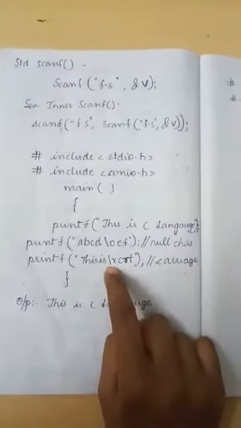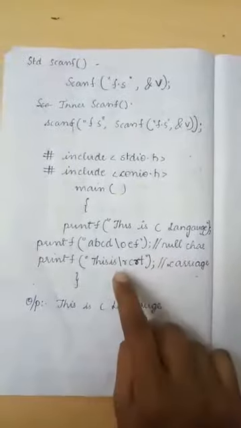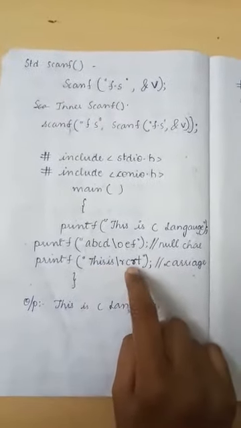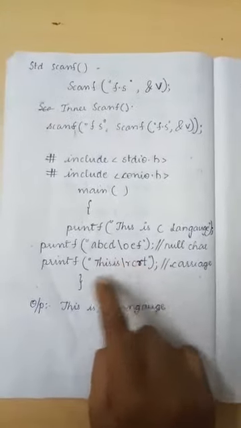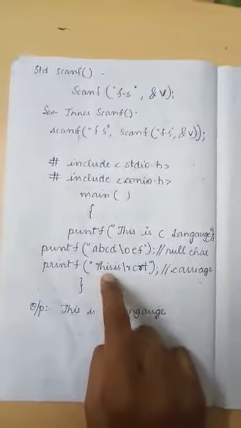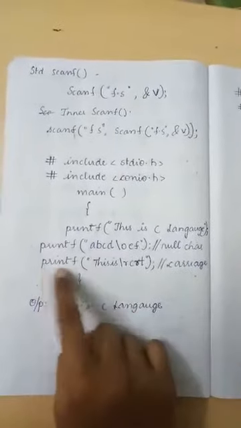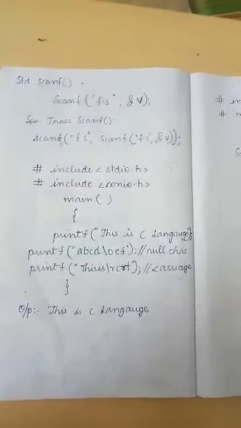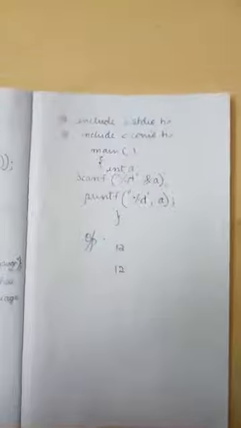And here \r is a carriage return, that is, it replaces the characters from the beginning. So CRT replaces THI, that is, THI is replaced by CRT. So the output for this statement is CRTSIS. Hope you all understood.